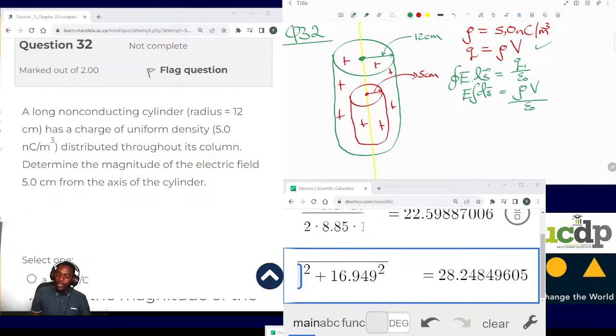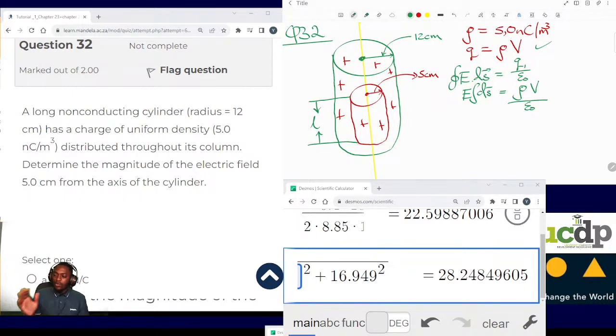If we are to find the surface area of our Gaussian surface, this is a cylinder. So this is L, the length of our Gaussian surface.